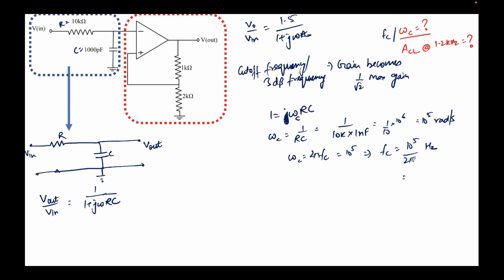This is approximately 15.9 kilohertz, because 100 by 6 is approximately 16, so we get 16 kilohertz approximately. So this is the frequency that we have obtained.